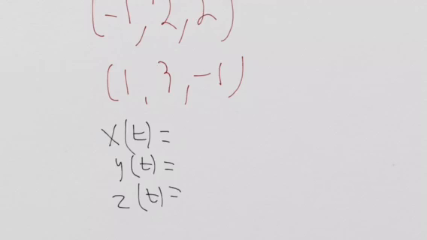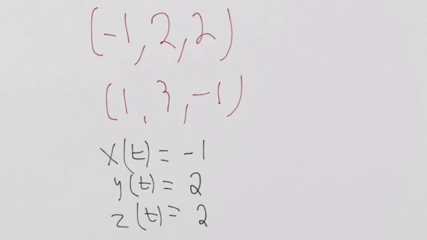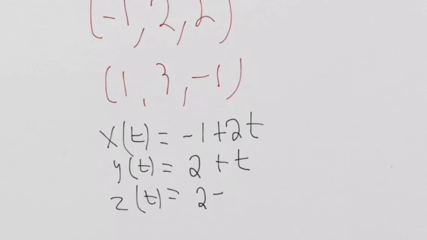So the first thing we can always do is write our initial x value, our initial y value, and our initial z value. And then we're saying after 1 second, we go from here to here. So in the x direction, we're increasing by 2 in 1 second, so that's going to be 2 every second. We're increasing by 1 in the y direction, so just 2 plus t. And then we're decreasing by 3 units in the z direction every second.